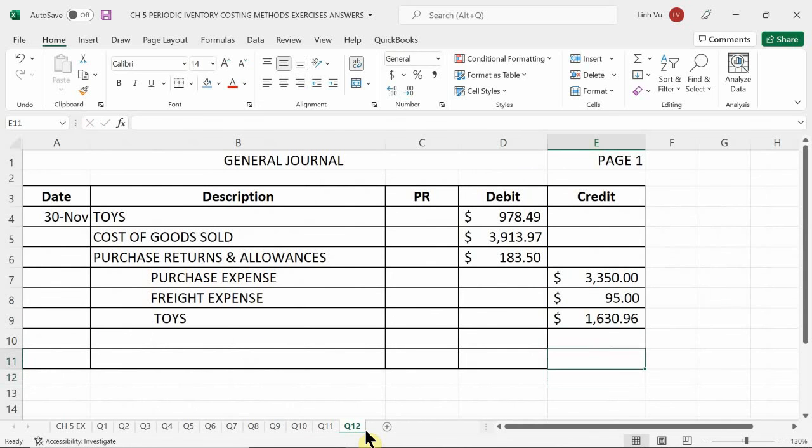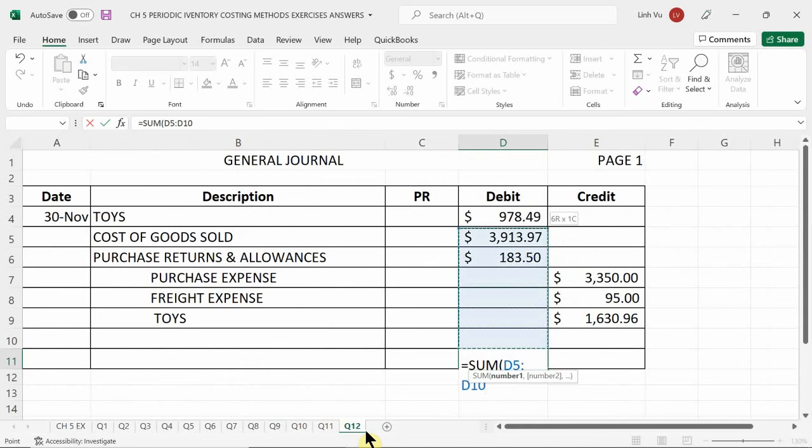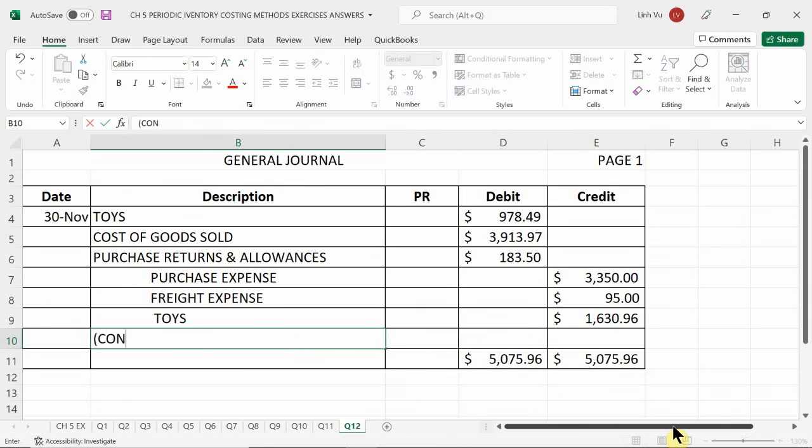So once again, double confirm that I got $5,075.96 on the left, $5,075.96 on the right.